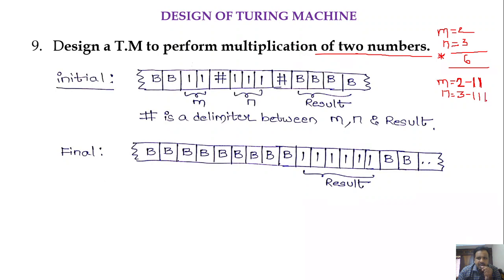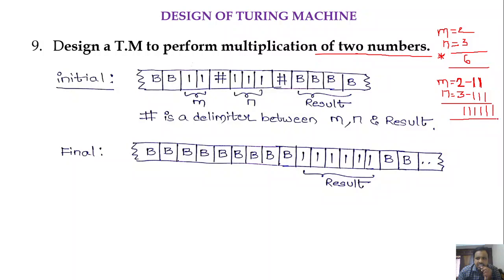Now, when we perform this multiplication, the input tape must contain the result, 6 ones, because the multiplication result is 6.